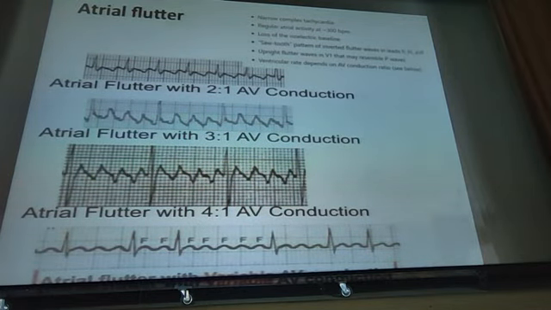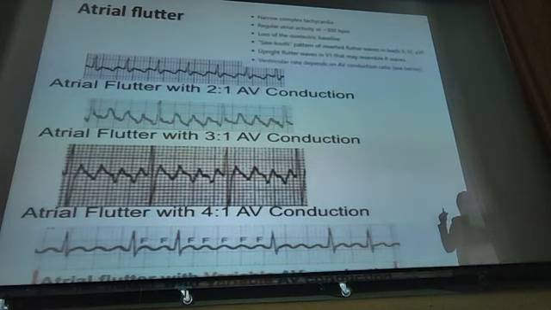AF is less common... sorry, AF means atrial fibrillation, the most common arrhythmia that we discussed. We said the atria are fibrillating, but what about flutter?